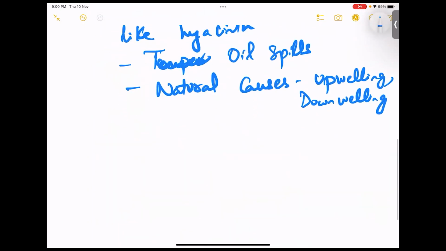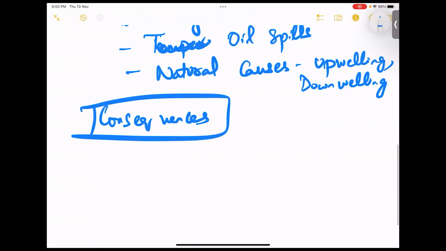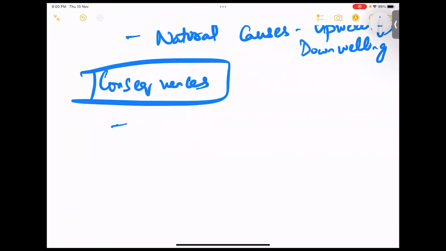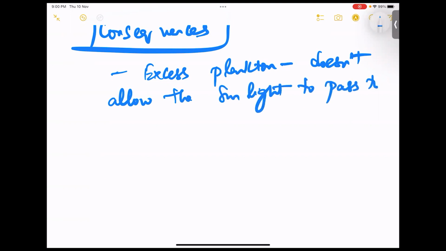Then what are the consequences of these dead zones? The excess plankton doesn't allow the sunlight to pass to deeper layers of water.